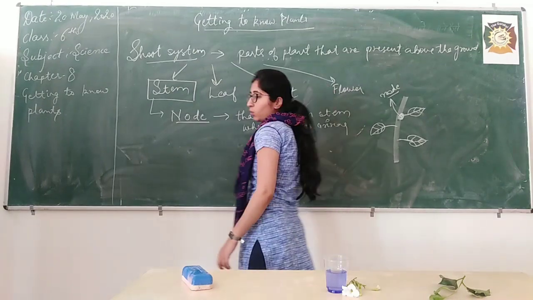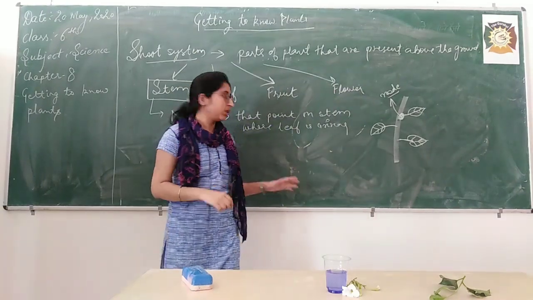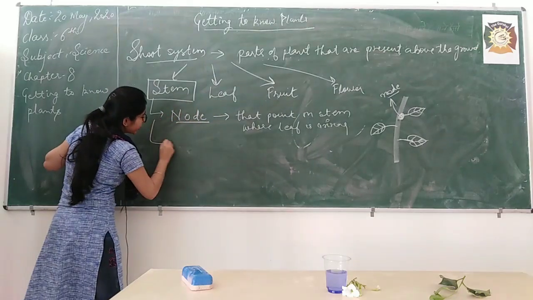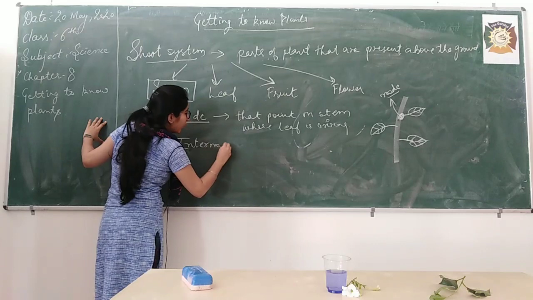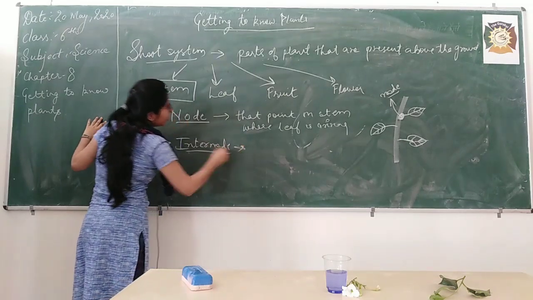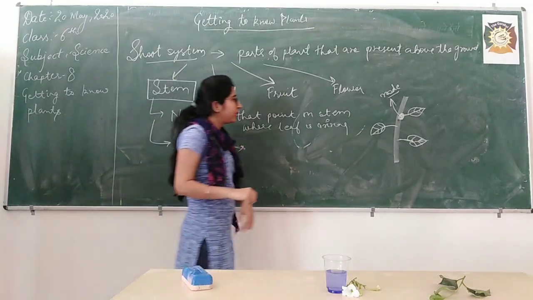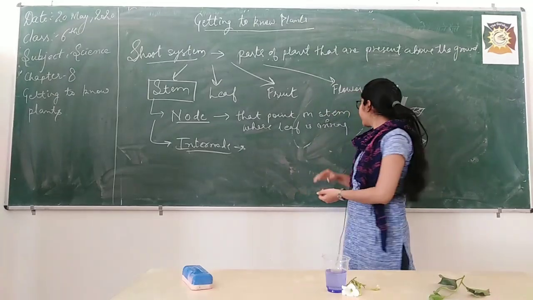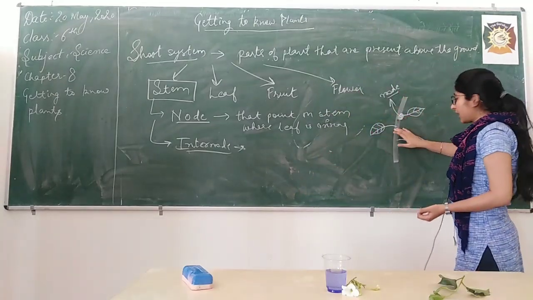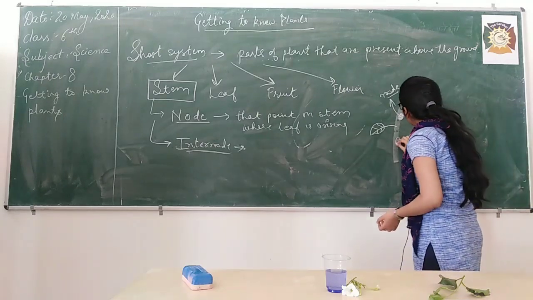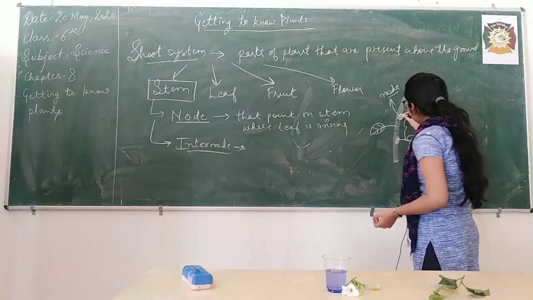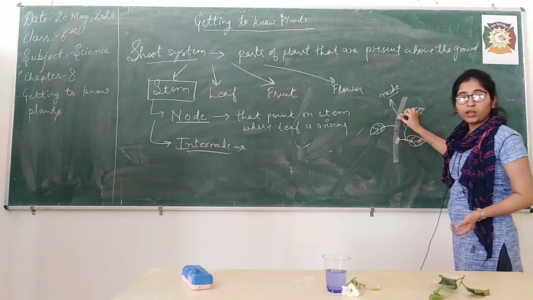Right? The next definition we are going to study in this portion is the internode. So what is an internode? This is another node and this is another node, right? So this is the distance between two adjacent nodes.